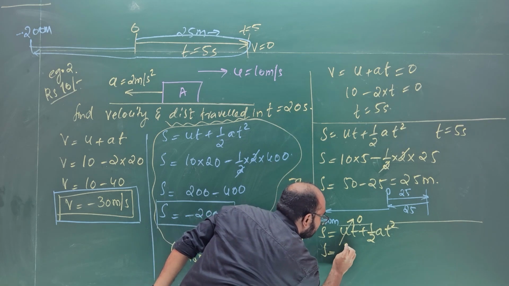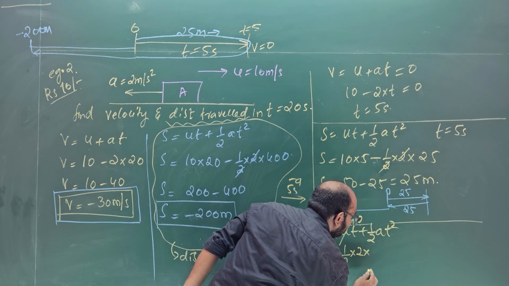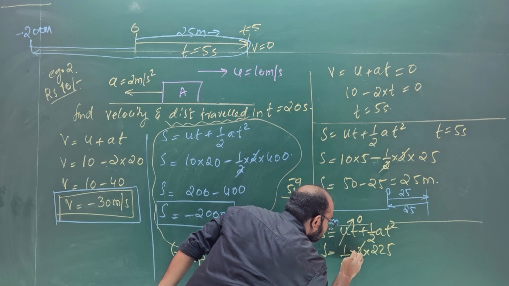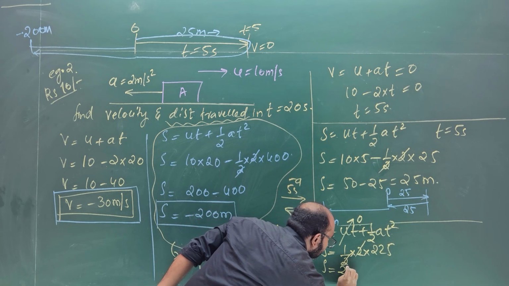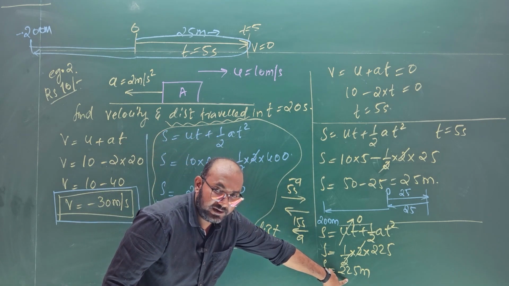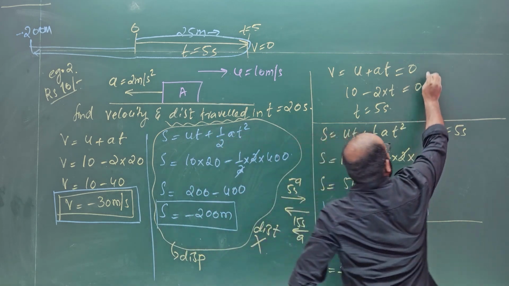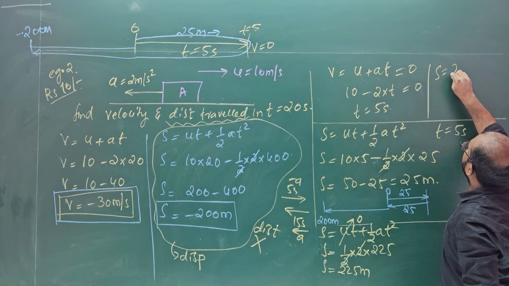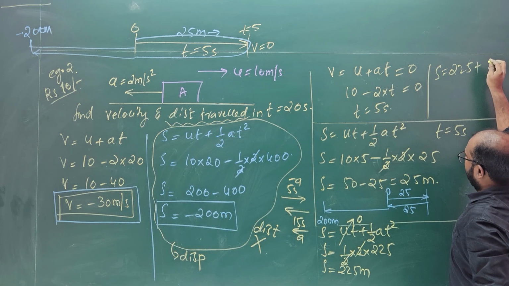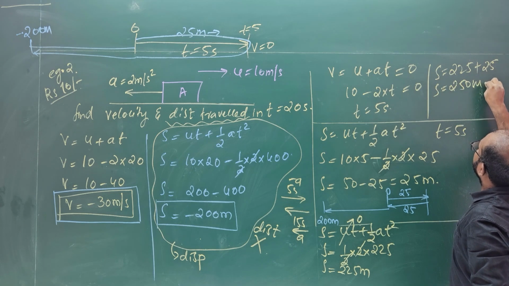So s is equal to half of 2 into 15 square, that is 225. Can I cancel this 2 and 2? So s is equal to 225 meters in this direction. And s is equal to 25 meter in this direction. So total distance is 225 plus 25, that is 250 meters.